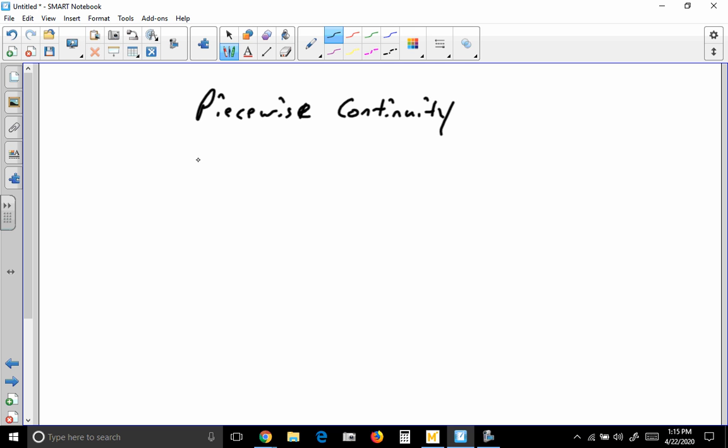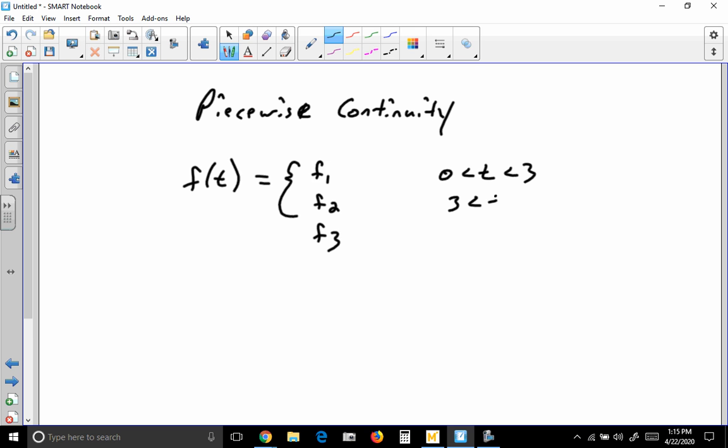And if we have some piecewise function, and I'm just going to call this f1, f2, f3, and then we have different sections. So maybe t is between 0 and 3, and then t is between 3 and 5, and then t is bigger than 5.